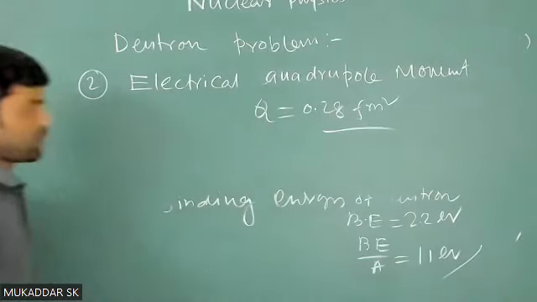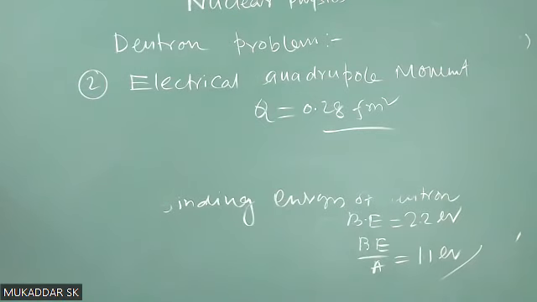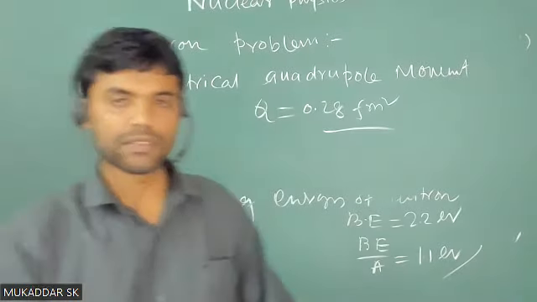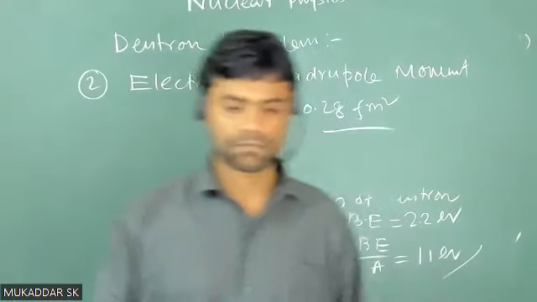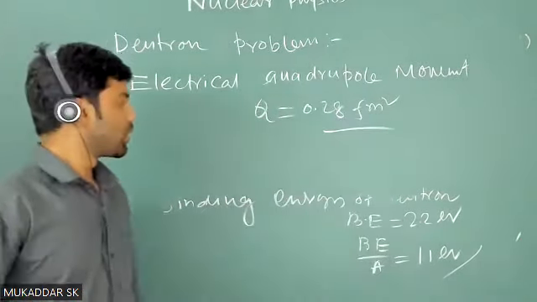What is the meaning of this? Deuteron has quadrupole moment 0.28 femtometer square. Tell me the meaning of this. It's positive and solid. Exactly.